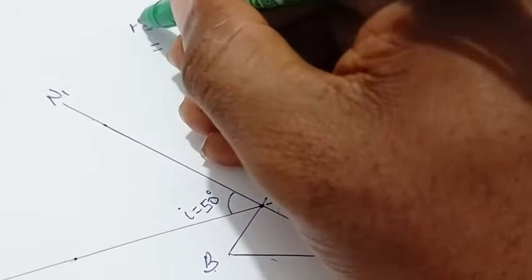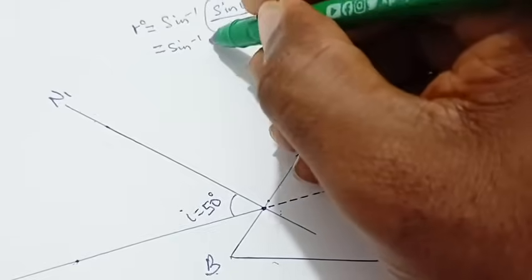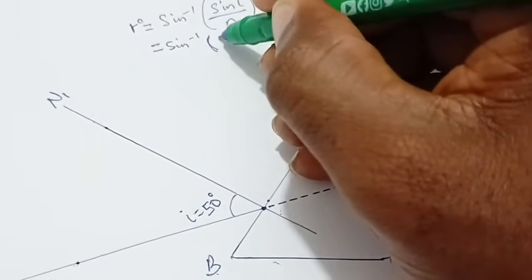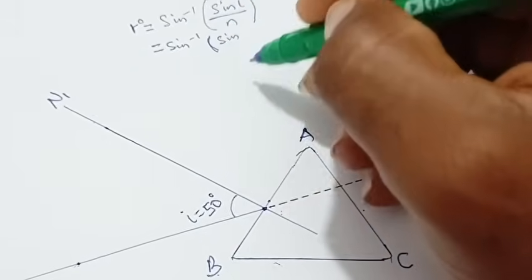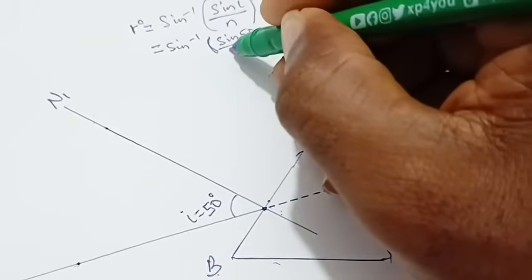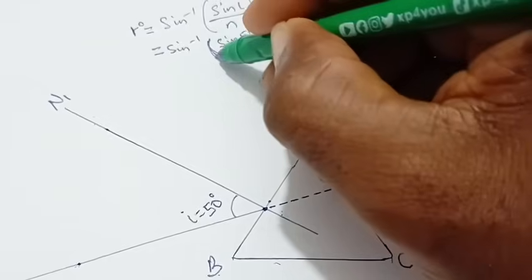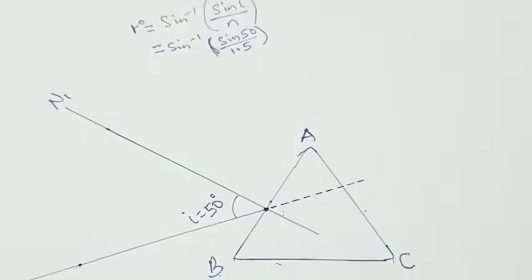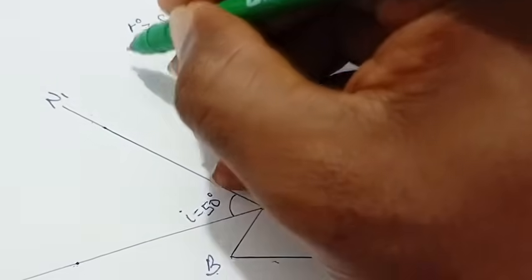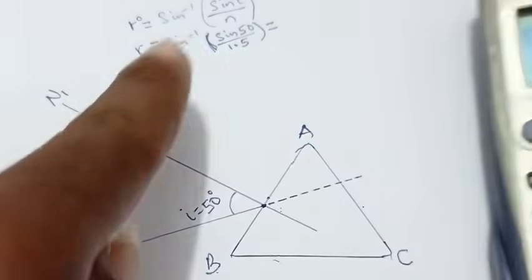The angle of refraction will now be sine inverse, open bracket, sine of angle of incidence. The angle of incidence is 50. Then all over the refractive index of the glass, which is 1.5. So evaluate this quantity, the angle of refraction. You need your calculator now.